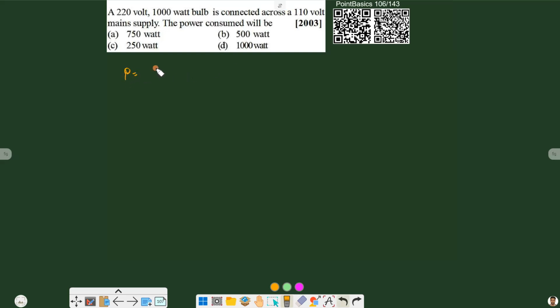We know that power is V square by R. From this, R is equal to V square by P, and initially potential is 220 and power is 1000. So it will be 22 into 22 by 10.